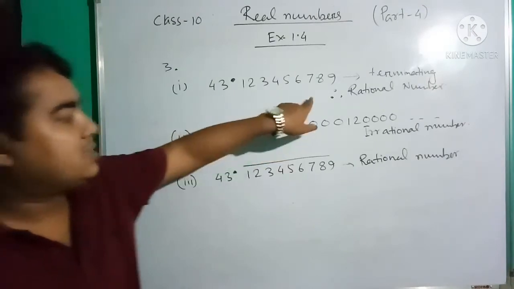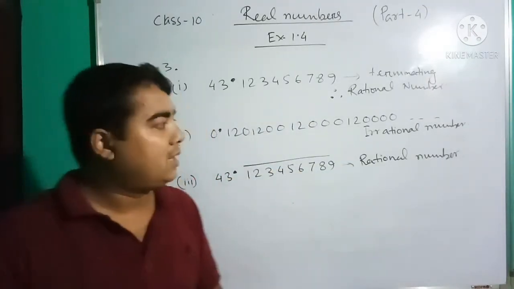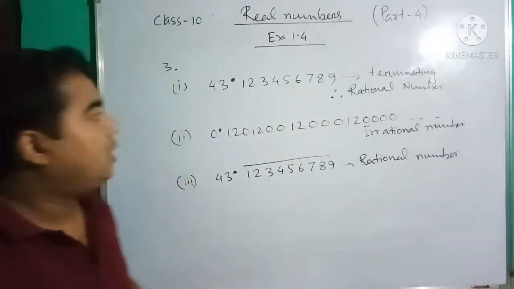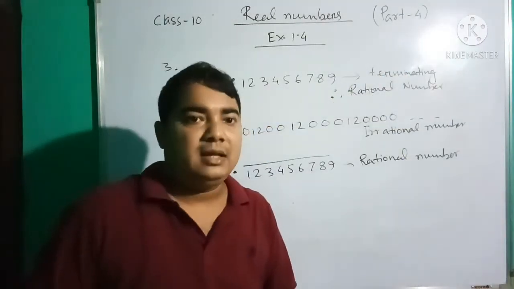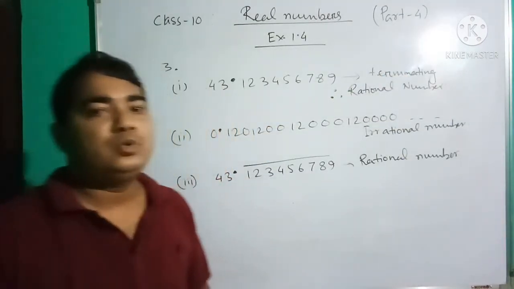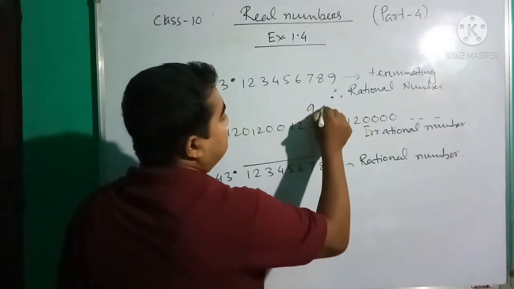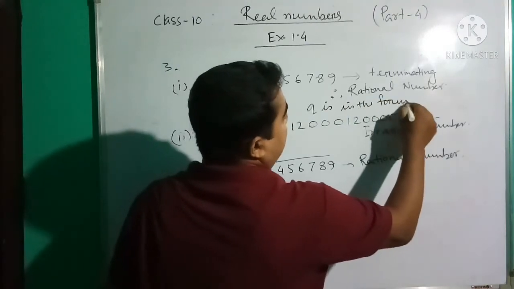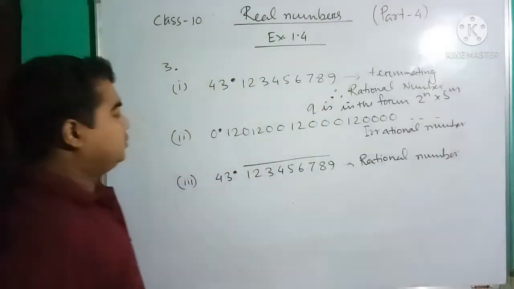Now, again, question number 1. See, if it is rational, then write about its q. q means the denominator. If a number's decimal expansion is terminating, then q is in the form 2 to the power n into 5 to the power m. Here q is in the form 2 to the power n into 5 to the power m.